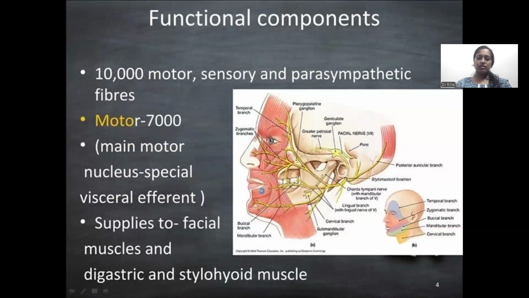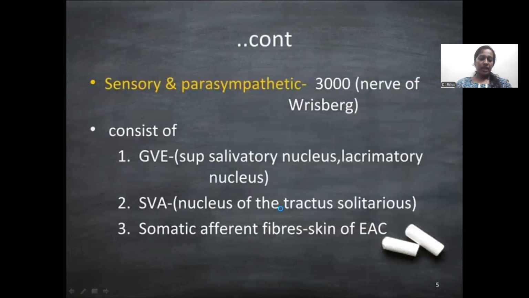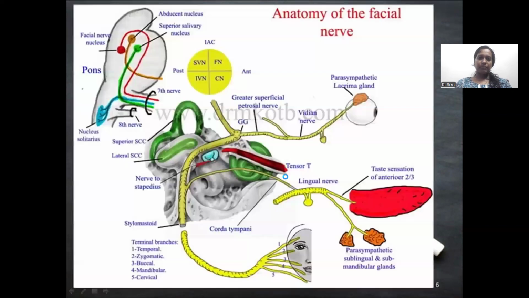You can see this is the facial nerve where it branches in the face, and these are the five terminal branches. We'll deal with more detail about each branch later. It consists of mainly three nuclei: the superior salivatory nucleus, the lacrimatory nucleus, and the nucleus of tractus solitarius.